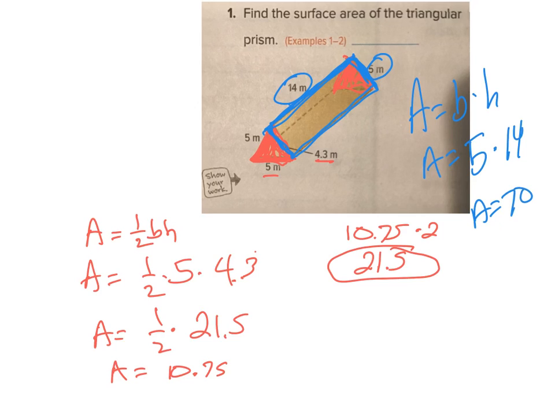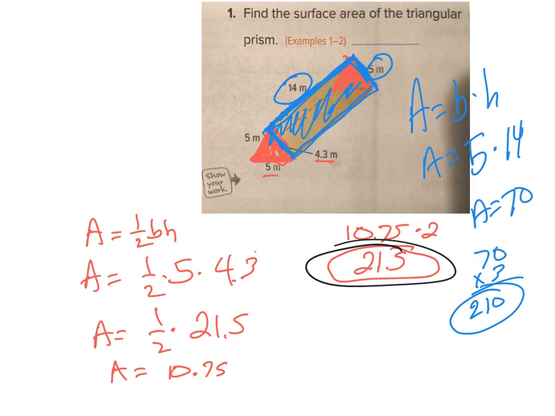Area equals 70. But that's just one of these. And I have 3 of them. So now I do 70 times 3, and that gets me 210. So 210 is the sides, and 21.5 is the ends.